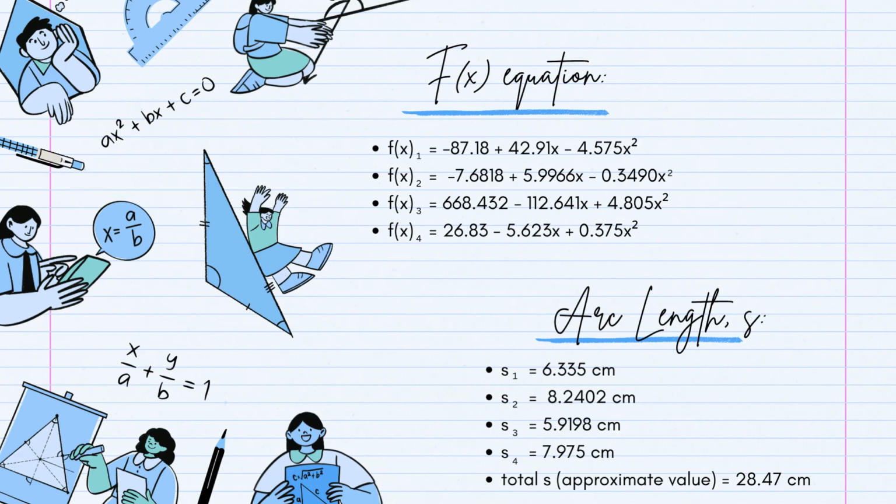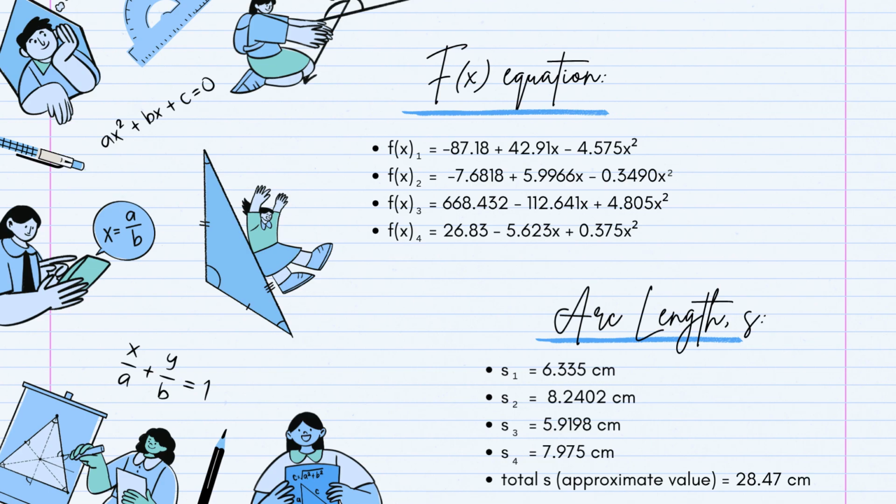Therefore, this is the summary of the calculation of every quadrant, and we will get the quadratic function, which is the fx equation. The first quadrant is the fx1, the second quadrant is the fx2, the third quadrant is the fx3, and the last quadrant, which is quadrant 4, is the fx4. Next, after we have got the fx equation, we will calculate the arc length to get the total distance in each quadrant.